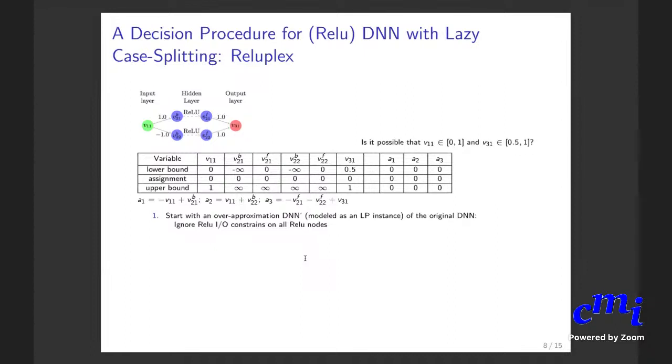In this case, as an LP instance, you first want V11 to be between 0 and 1, and you check the satisfying instance, V31 between 0.5 and 1. Now you have to come up with the bounds for the internal nodes. The internal nodes can be anything, except that they have to satisfy this expression being equal to 0. That is part of the constraint.